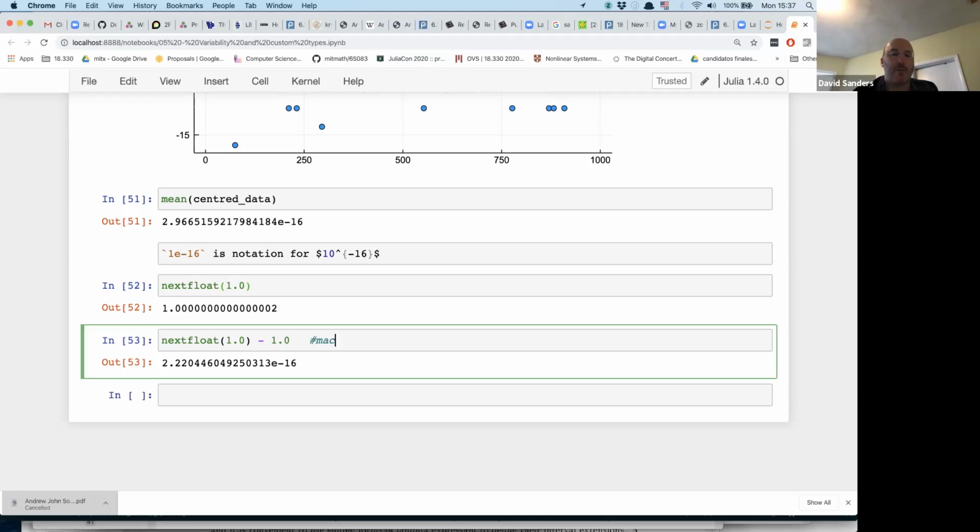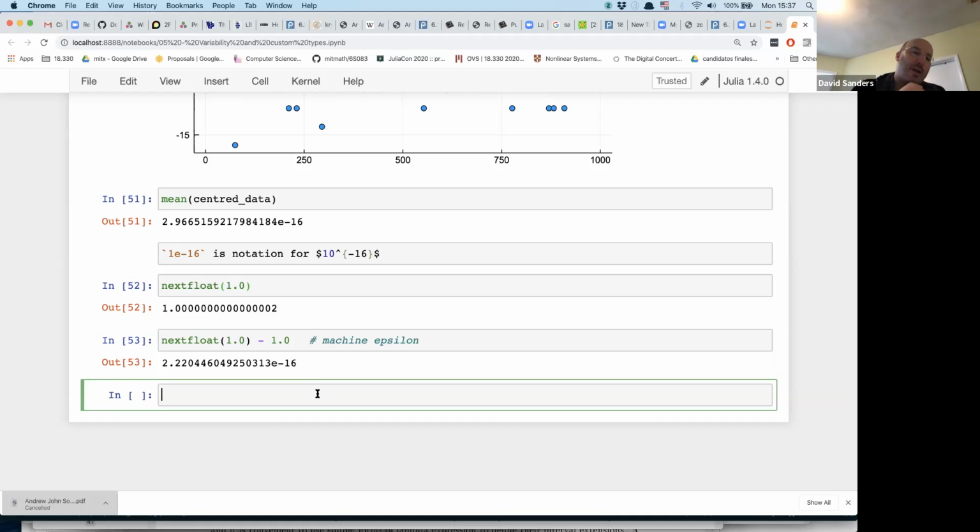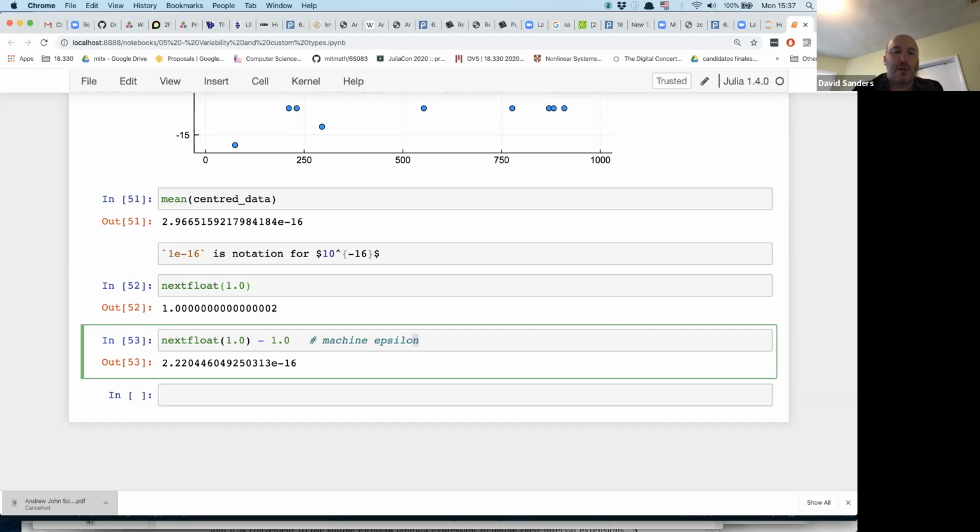That's called machine epsilon. You can think of it as the smallest unit that you can distinguish in floating point calculations. That's a whole topic we're not going to go into, but it's useful to know that 10 to the minus 16 is this magic number when you're using double precision floating point numbers. Double precision means Float64.